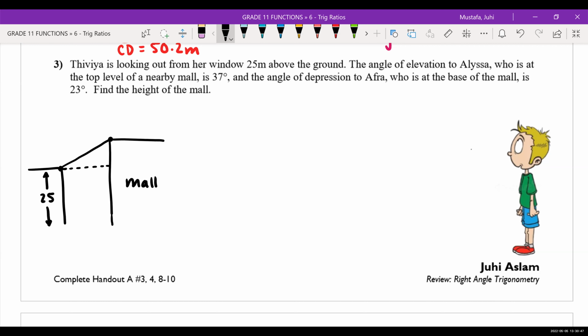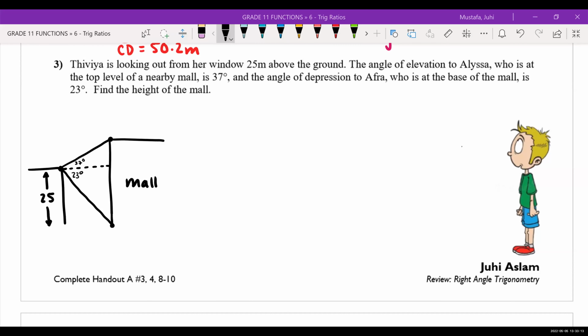So now she's looking down to Afra, who is at the Okay, so again, Thivia is standing 25 meters above, and then she's looking up at 37 degrees at Alyssa.